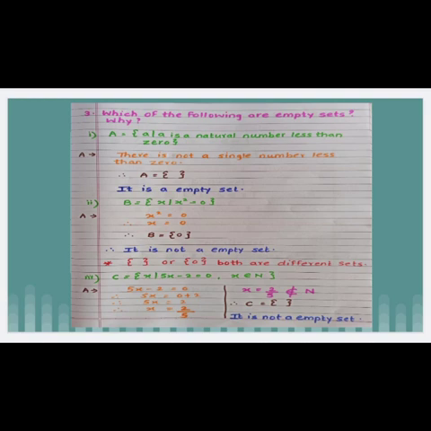Hence we didn't get any suitable element. Hence C is equal to empty curly brackets, and hence it is not an empty set. Sorry, it is an empty set. It is an empty set. So please cancel that not. By mistake I wrote it there.